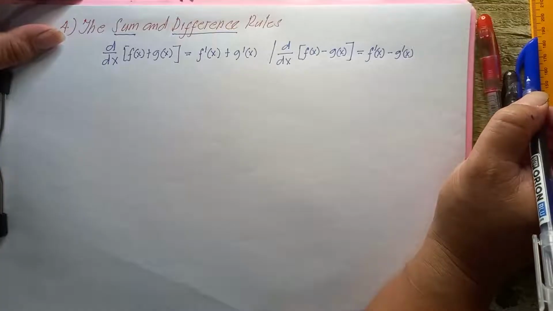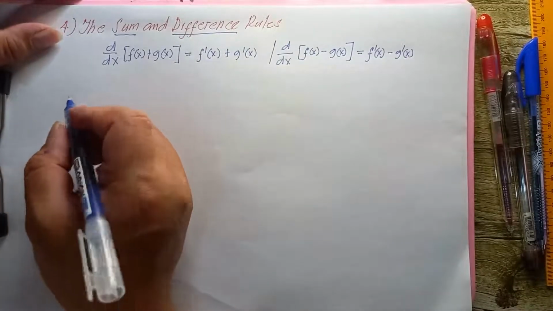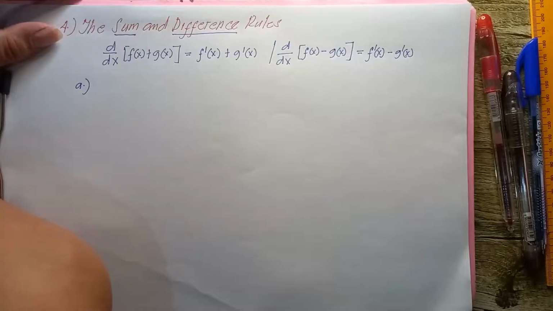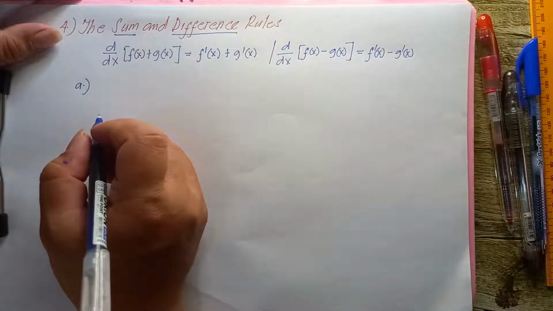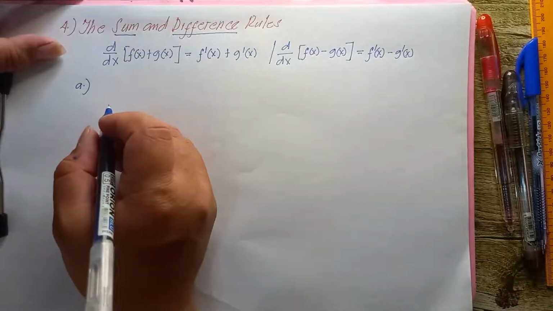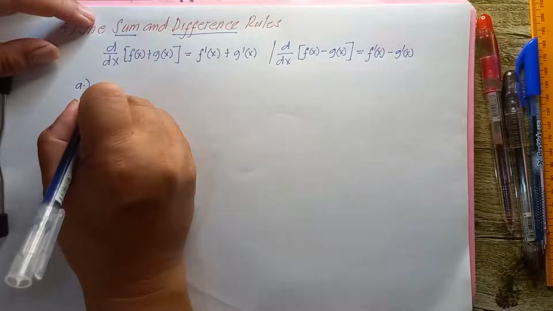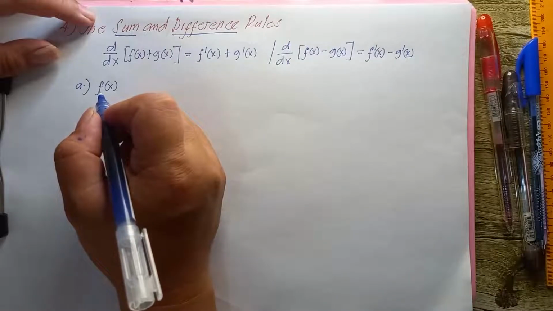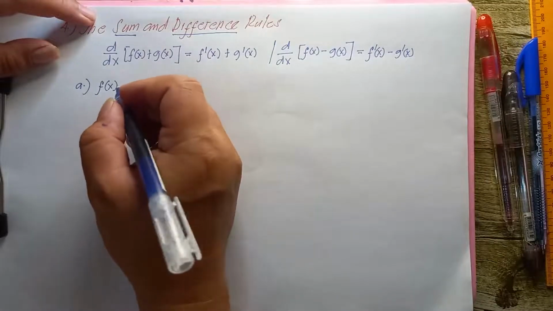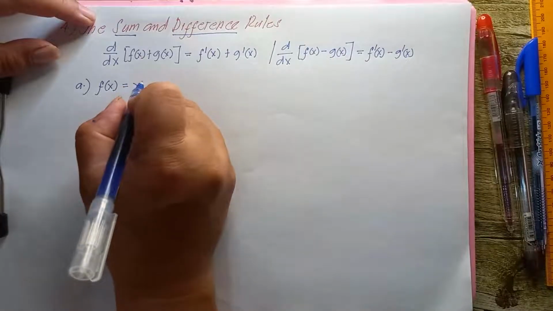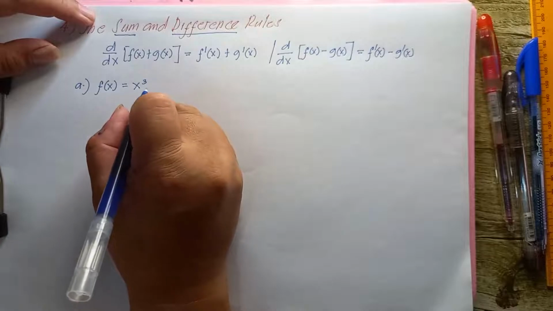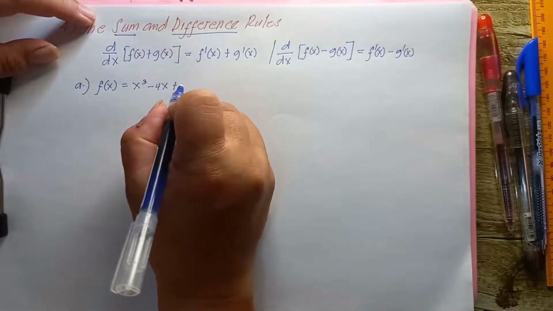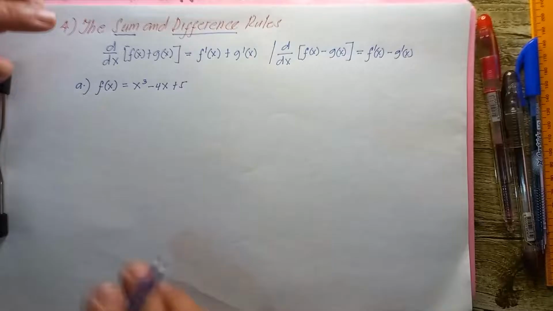Our problem here, letter A: our function is f of x is equal to x raised to 3 minus 4x plus 5. So this is the function that we have.